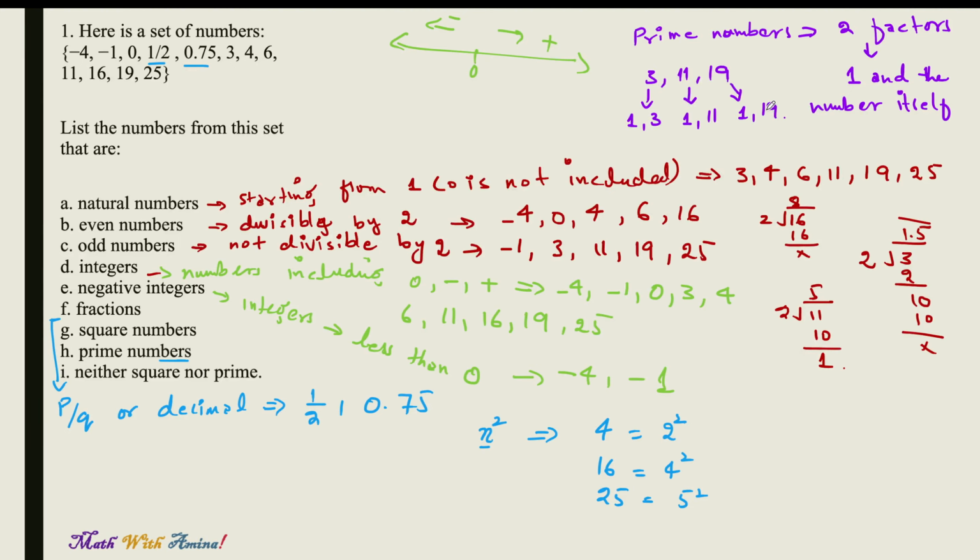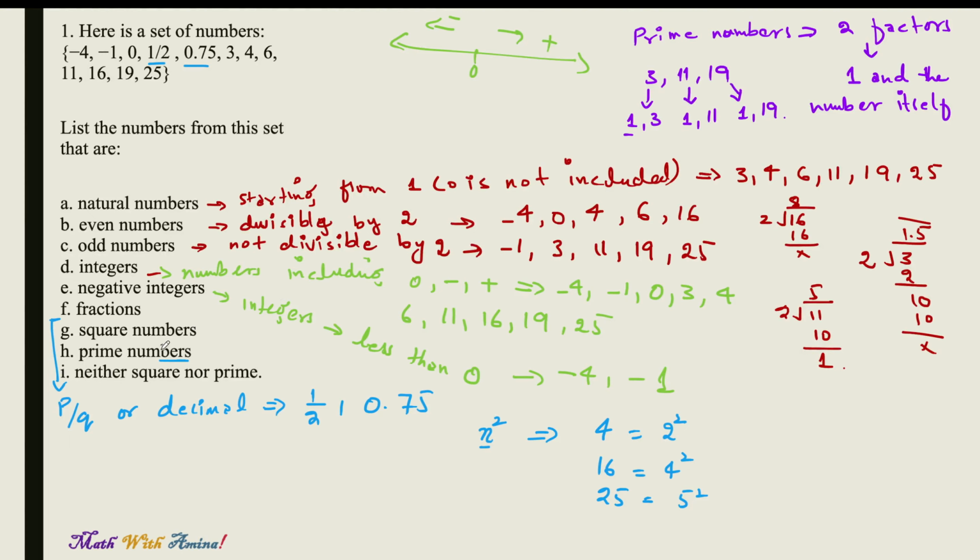So those numbers that have only 2 factors, in which one of them is 1. 1 is a factor of all positive numbers, I must say, and the number itself. 11 doesn't come in any other table, nor does 3 or 19. So prime numbers are those numbers that have only 2 factors. The first factor is 1, and the second factor is the number itself.